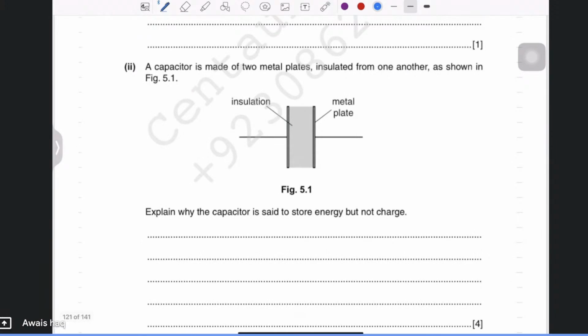But now we're going to do this one. The most important question is, and this is a 4-mark question, this would be asked again and again, and they say explain why a capacitor is said to store energy but not charge. Okay, now how do we write this in 4 marks?